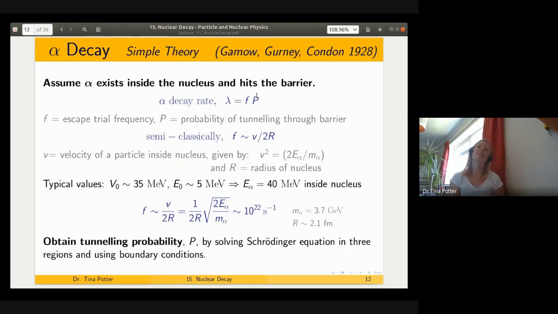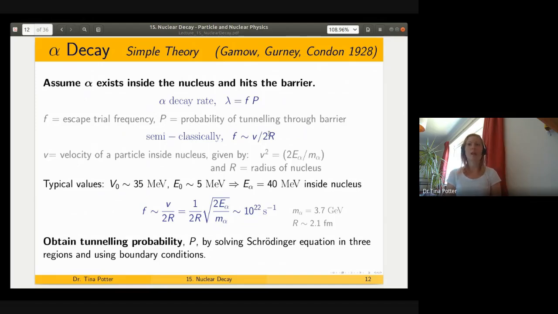We're going to treat the escape trial frequency semi-classically. Here, it's going to depend on the velocity of that alpha particle, so it's going to depend on the mass, its energy, and the radius of our nucleus as well. Typical values here: the Coulomb potential there is around 35 MeV. The energy of the alpha particle when it escapes is about 5 MeV.